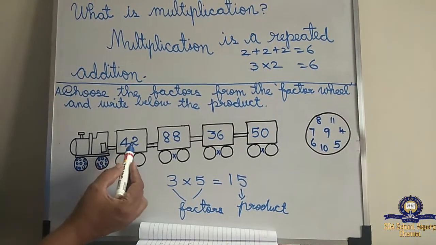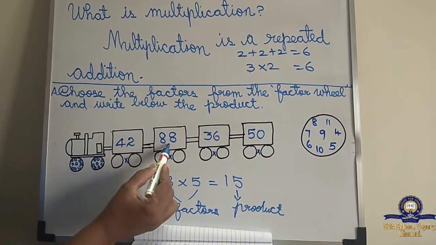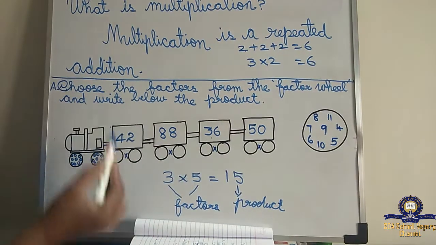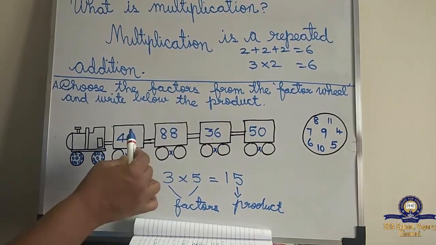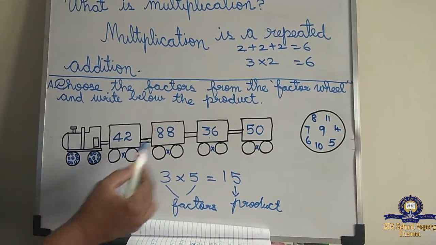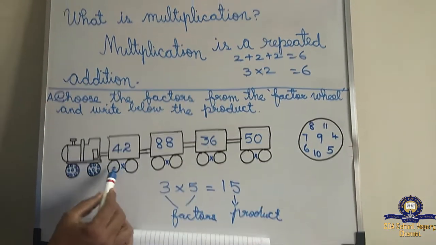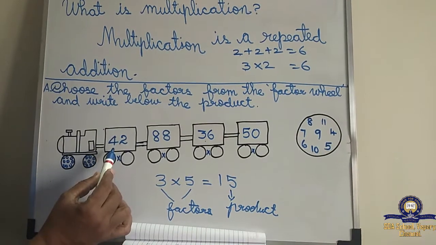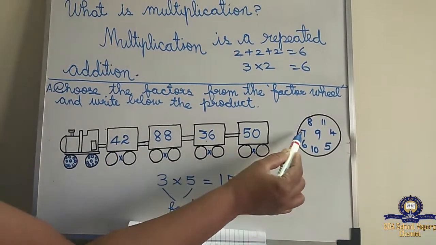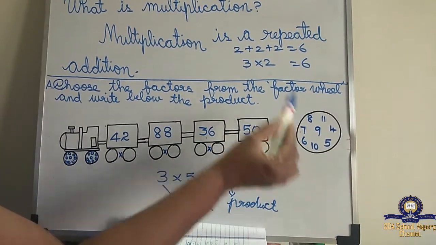So what are the products given? 42, 88, 36, 50. You have to find the factors from the factor wheel. What numbers multiply to give 42? 7 and 6. 7 6s are 42.